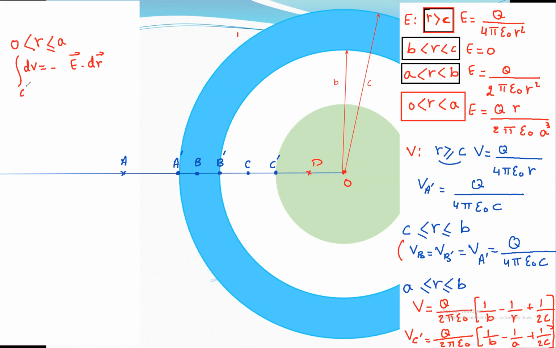So between C prime and D, the limit of r goes from C prime to the point D.